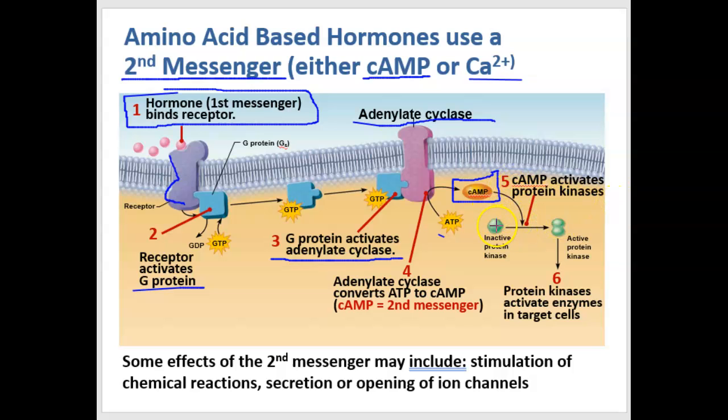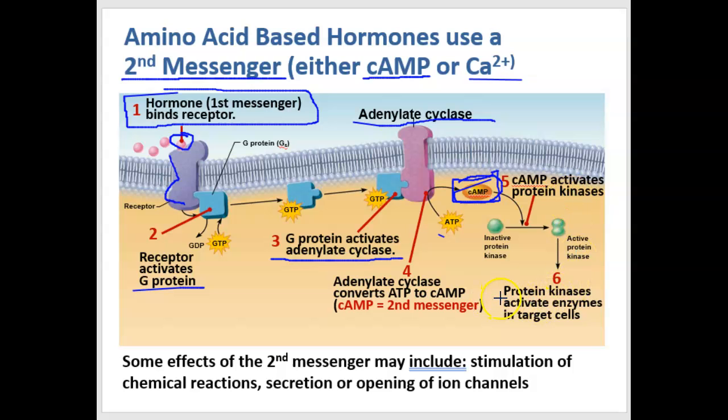That is what is made inside the cell. We started with a hormone, that's our first messenger, and now we have cyclic AMP, which will be continually produced, many molecules of it, as long as the hormone is bound to that receptor. Now, the cyclic AMP, what does it do? Well, it depends on what target cell we're in, okay?